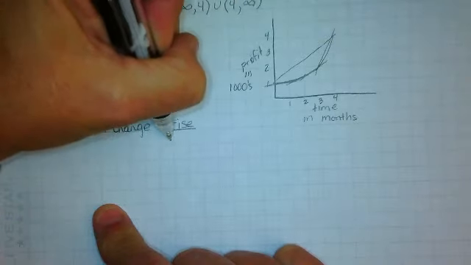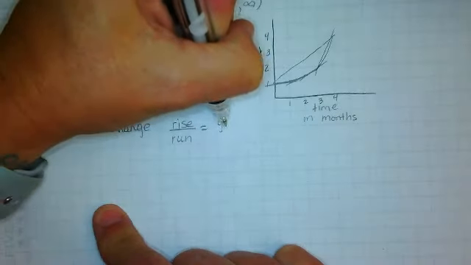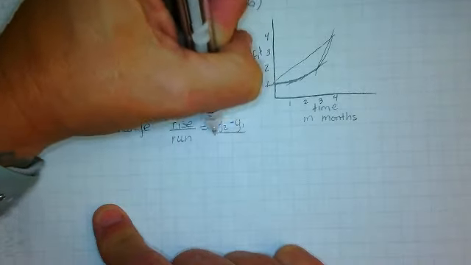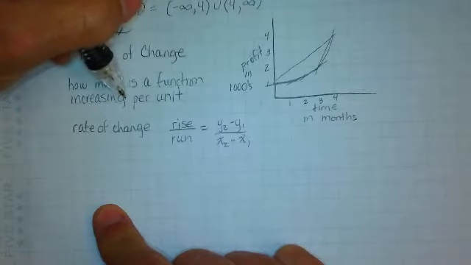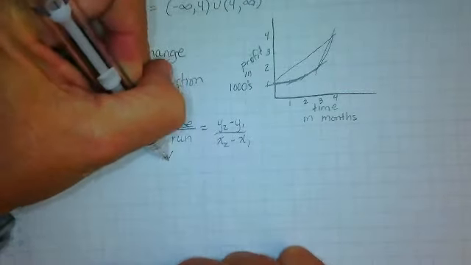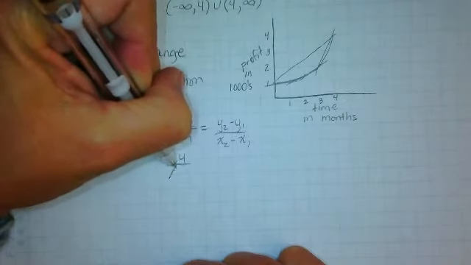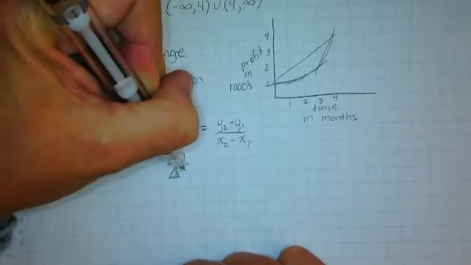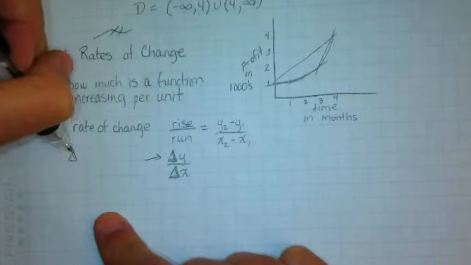We're going to get a little bit pickier than that. You were also taught y2 minus y1 over x2 minus x1. I taught my algebra kids delta y over delta x.